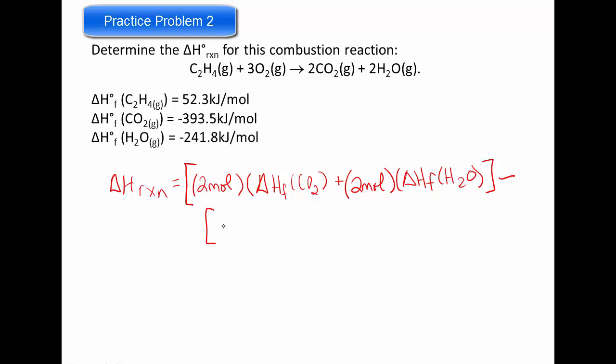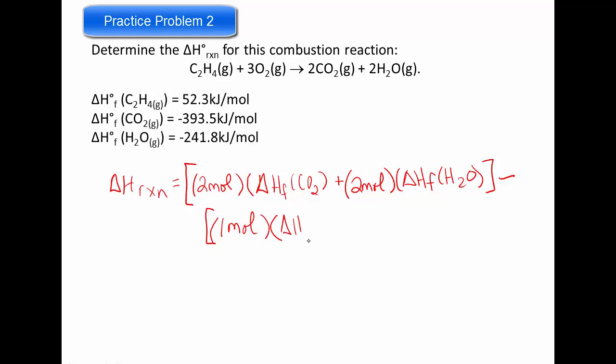I'm going to start on the next line. If you notice, the states for each substance is given, and in this case it's all gases. If you're looking up any values, make sure that the state is correct. A gas will have a different value than a liquid because a gas requires more energy to produce. So for the next set of numbers, we're looking at the reactants, and C2H4 doesn't have a coefficient, so we're going to use that as 1.